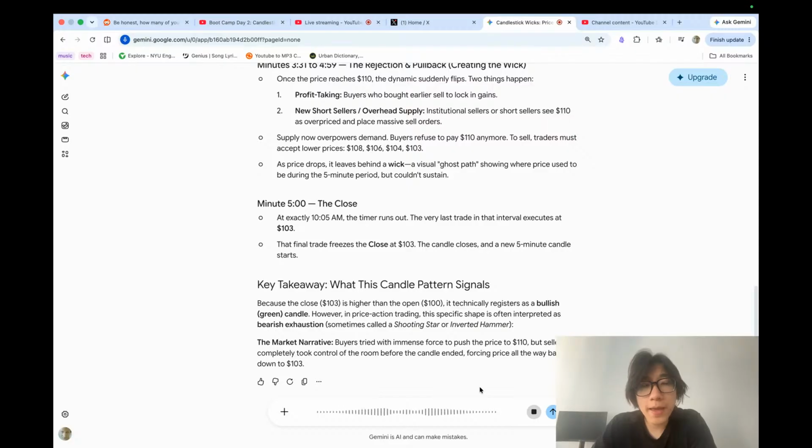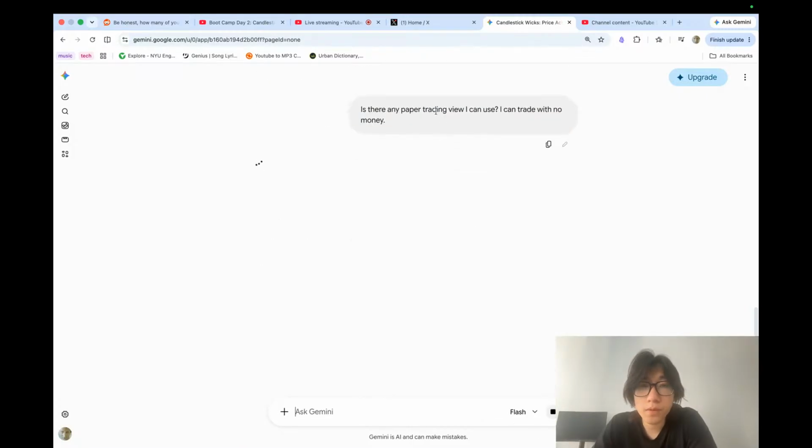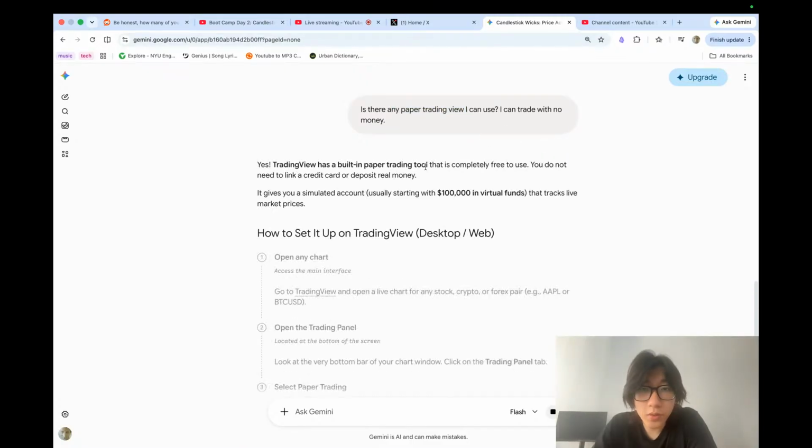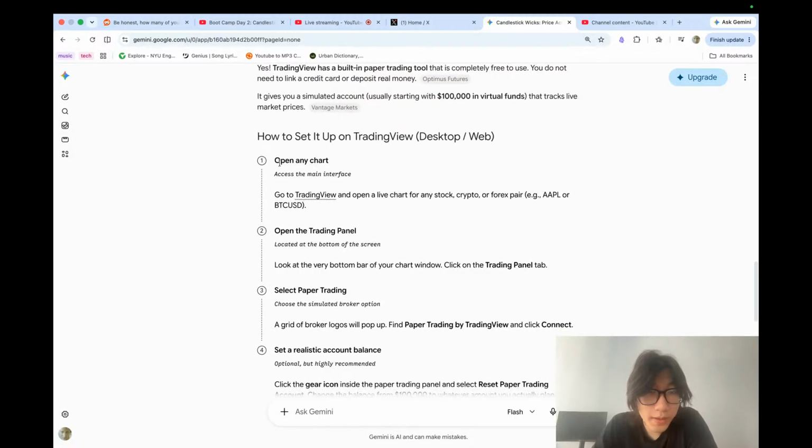Okay, can I just find something? Is there any paper trading on TradingView I can use? Can I trade with no money? It's a paper trading tool that's completely free to use. Open any chart, go to TradingView, open a live chart for any stock.